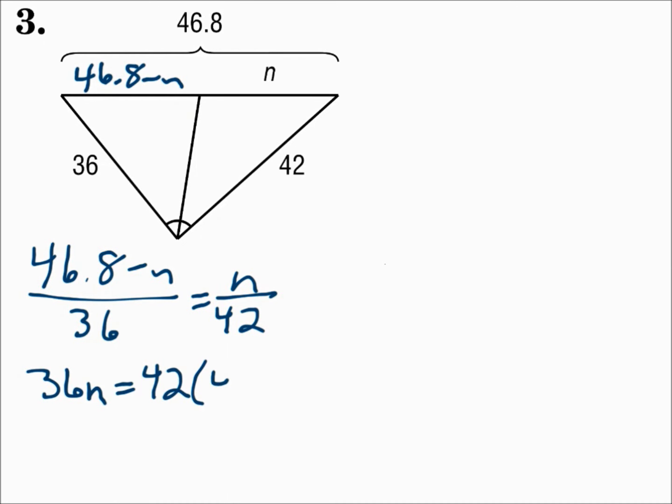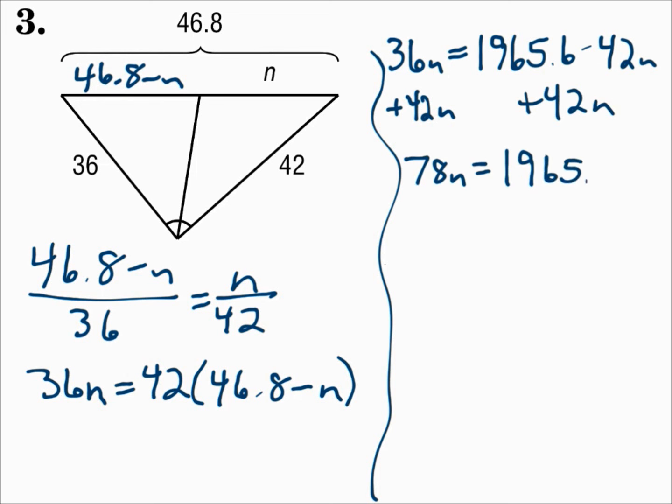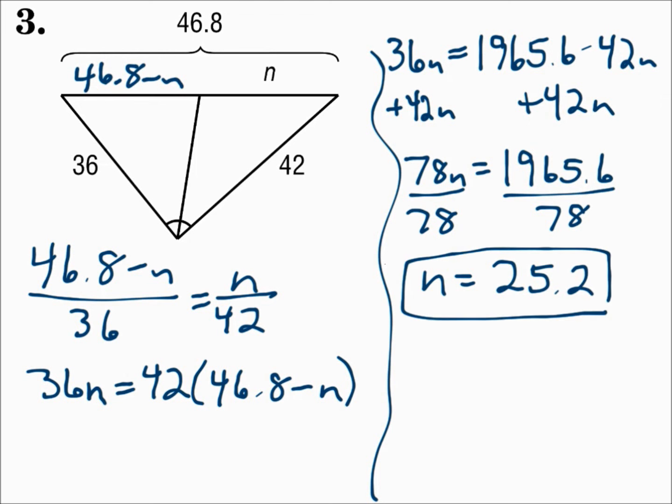Make sure you put 46.8 minus n in parentheses and remember to distribute properly. And once it's all worked out, n is 25.2. The angle bisector cuts the opposite side into two parts that are proportional with the other two sides of the triangle.